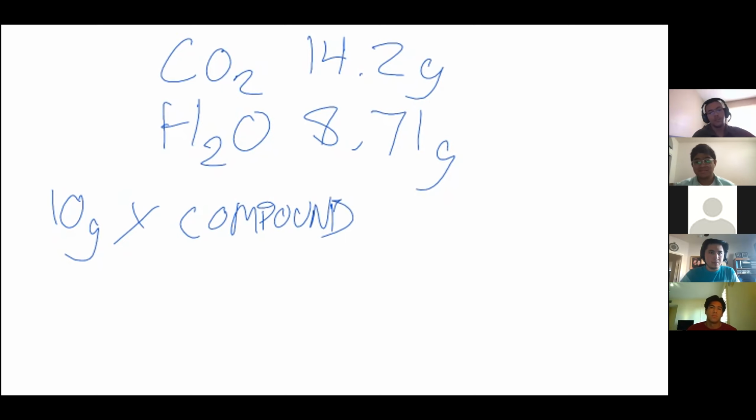We know the molar mass for carbon dioxide, and we can find the molar mass for water. The reason we're trying to find the molar mass for each of these is because, give me a second, I need to think before I start speaking.